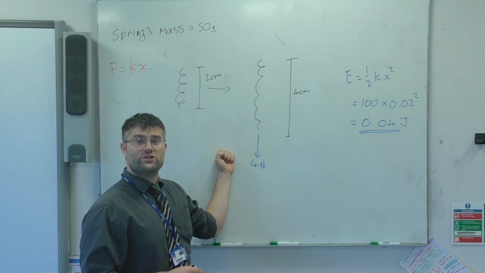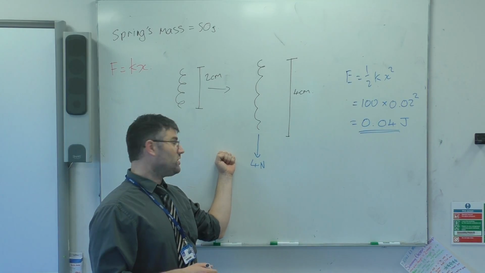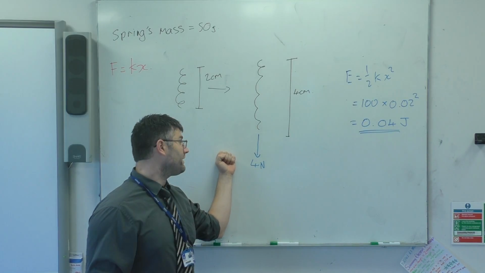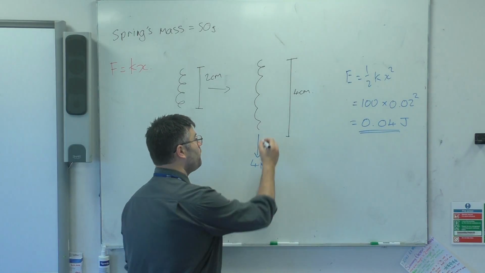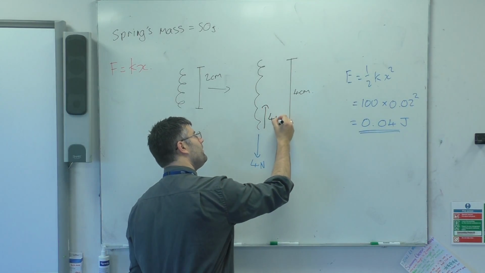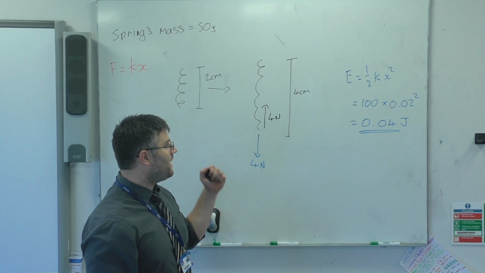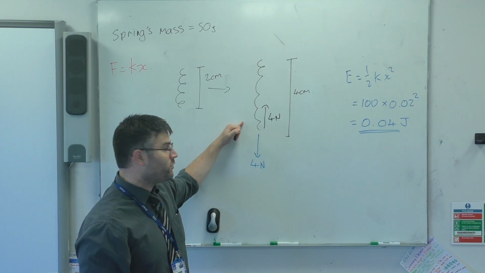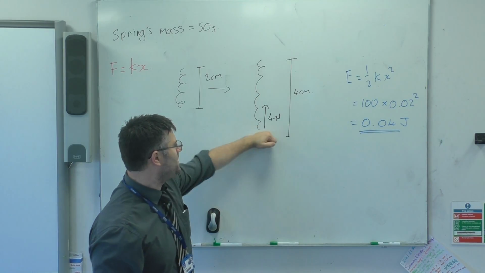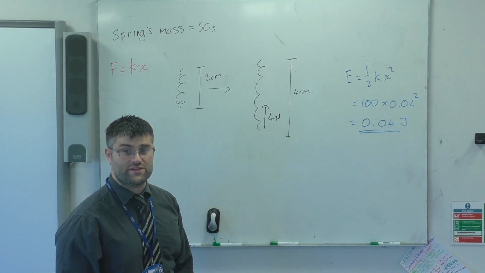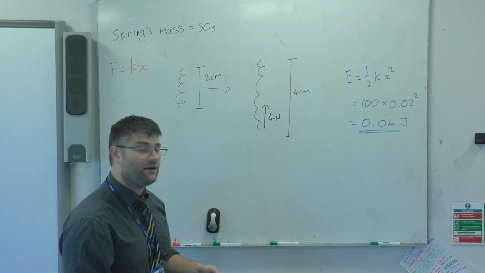Therefore, the restoring force, because the forces must be balanced while it's not accelerating in any way, would be a 4 newton pull on this. That's the restoring force for the spring. Once I remove this force, that 4 newtons then springs into action. The forces are unbalanced, it accelerates.